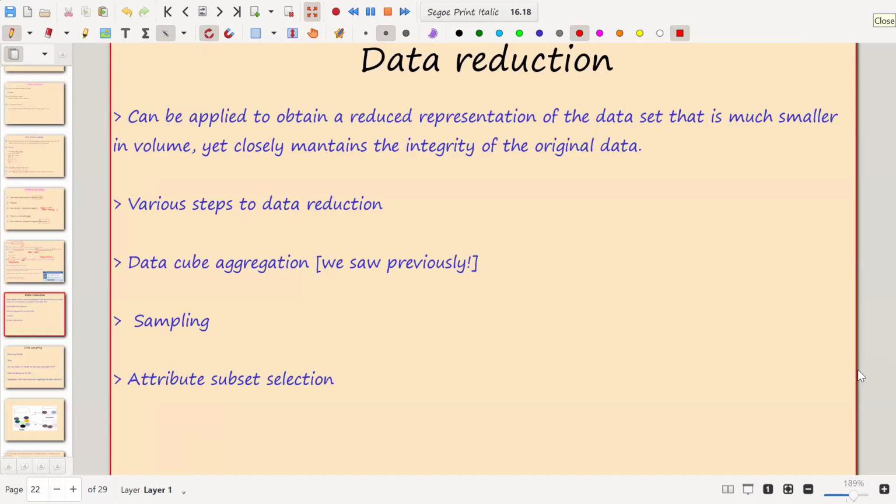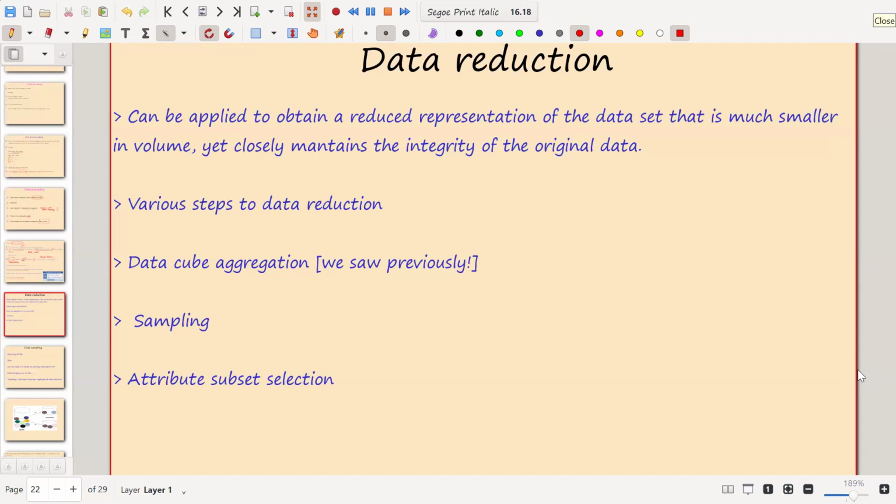Unless that happens, it is not a good reduced dataset. So there are various steps to it. Data cube aggregation, all those concepts we saw previously, right? I hope you remember that cube, and we were thinking what each of the columns, rows of the cube means, how we aggregated different cubes together.